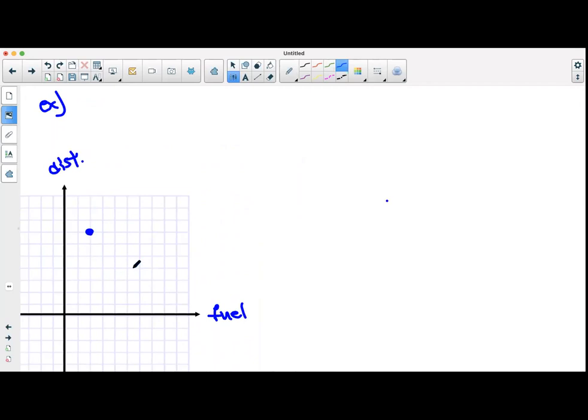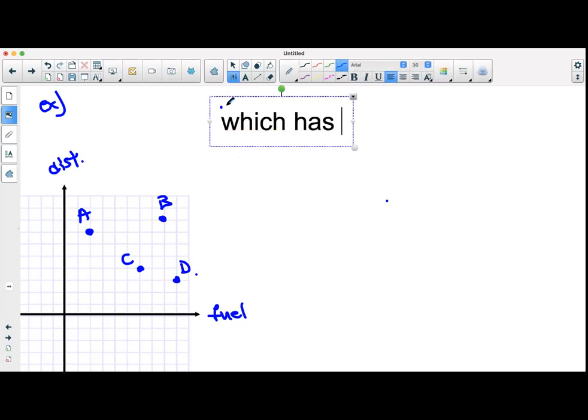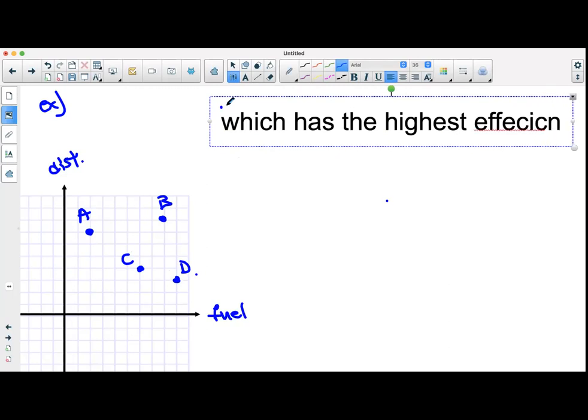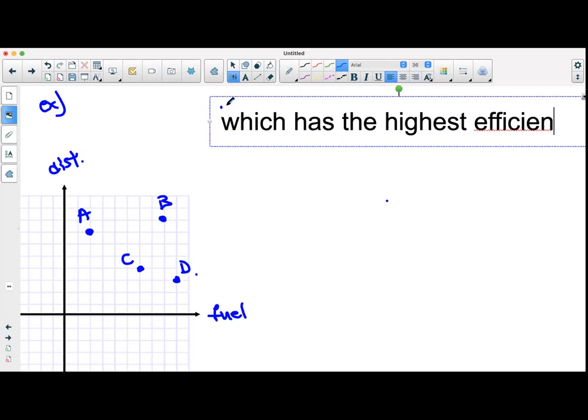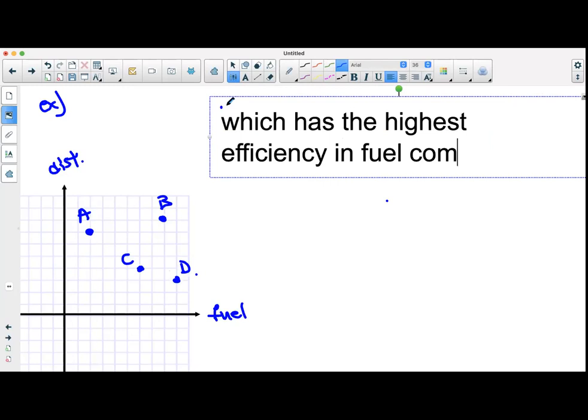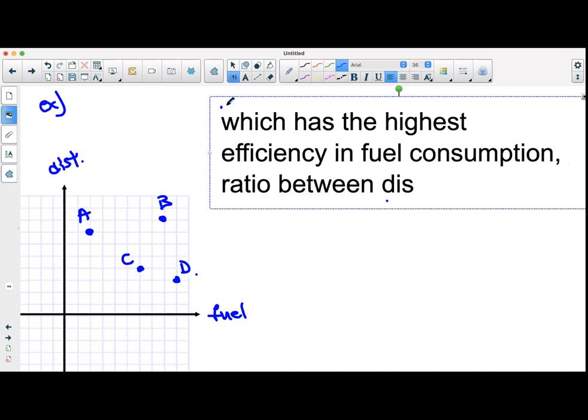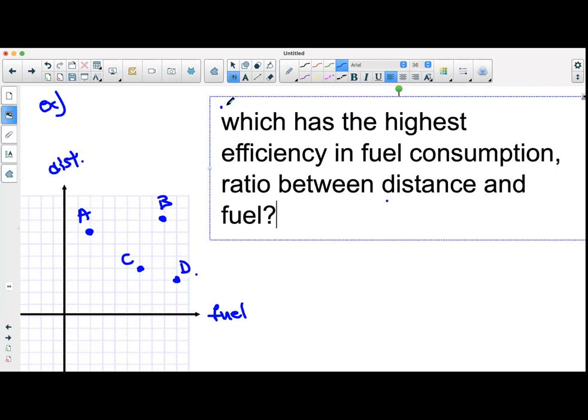And then I have points A, B, C, D. And the first question: which has the highest efficiency in fuel consumption, the ratio between distance and fuel? Okay, so I have 4 points.